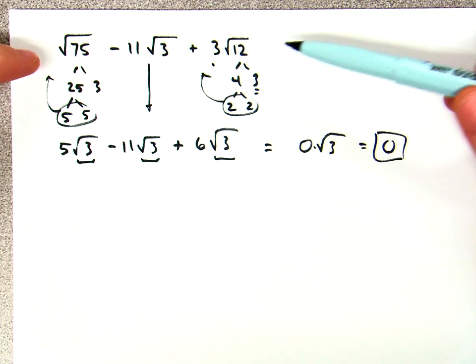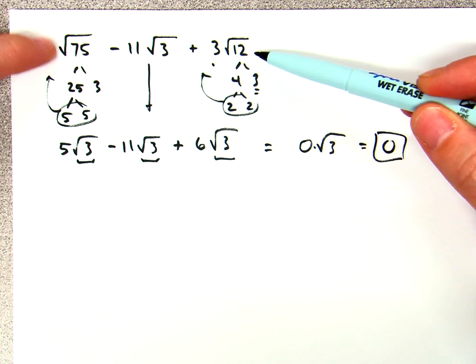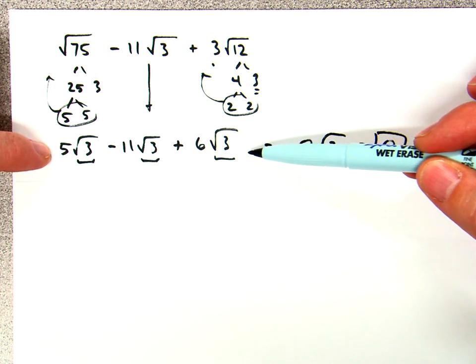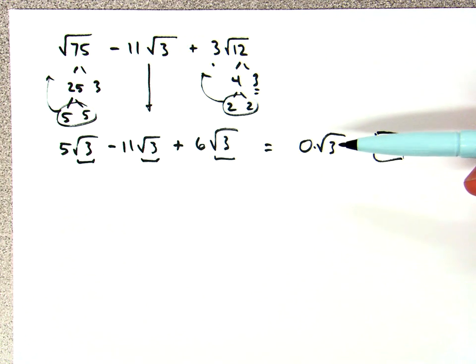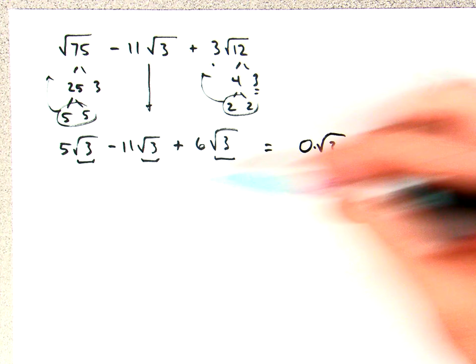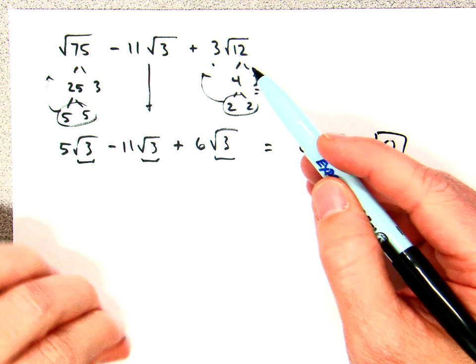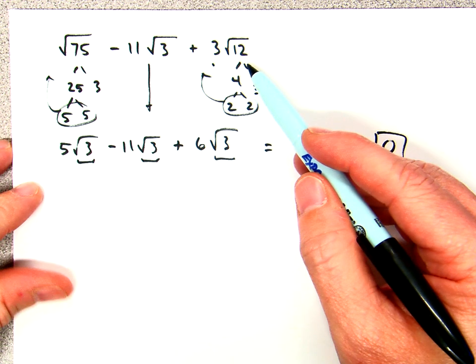So if they can't add, we try to reduce them. And then once we have them reduced, whichever ones can be added together, we would add them together. If we can add them all, great. So like if root 12 couldn't reduce, for instance, right?